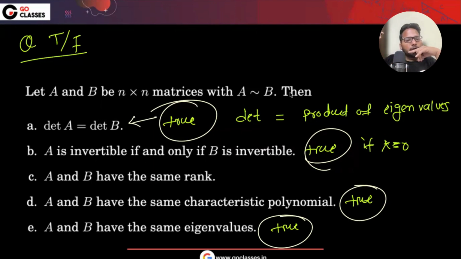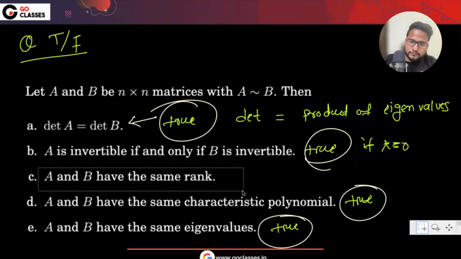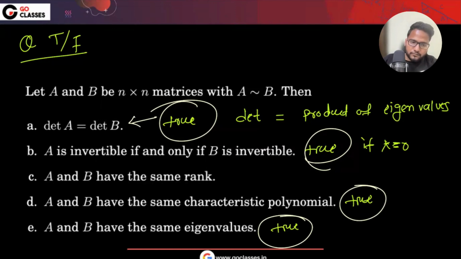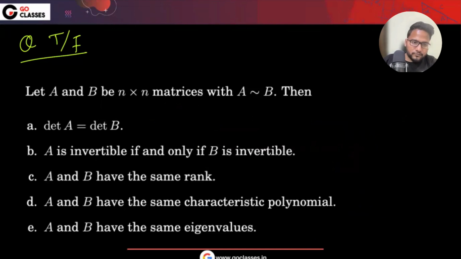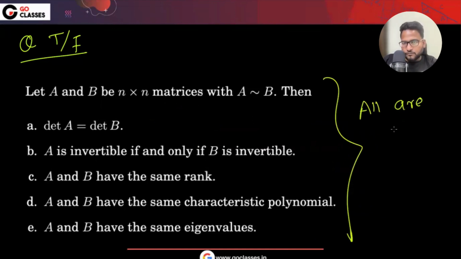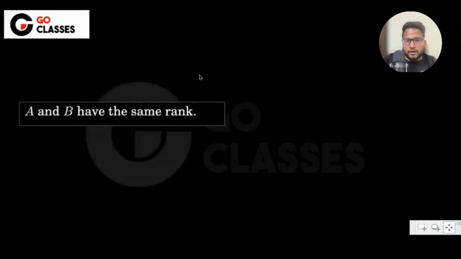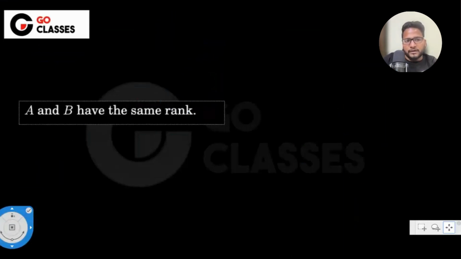We can try proving that similar matrices have the same rank. So do you want to try this formally as homework, why similar matrices have the same rank?